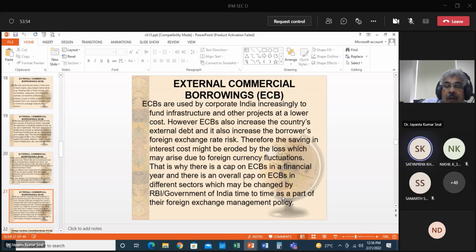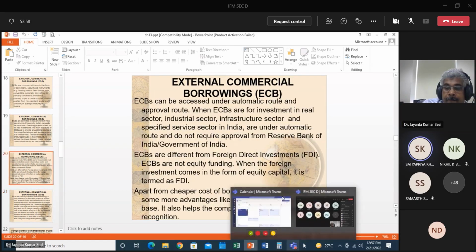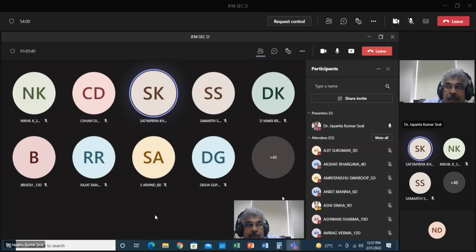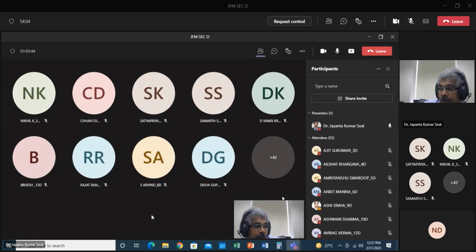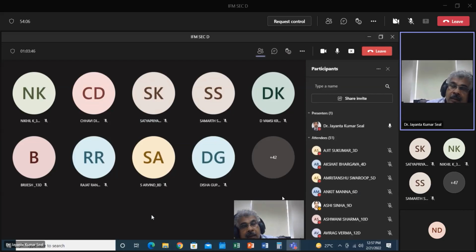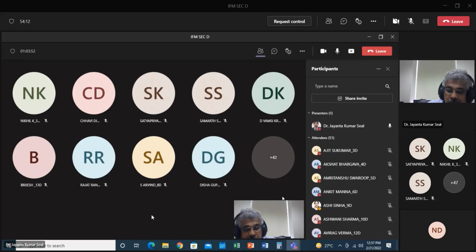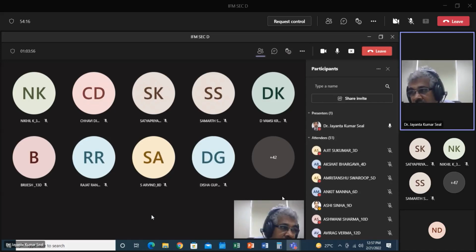Sir, I had a small question. In what circumstances will the government go for ECB, and in what circumstances will it go for FDI? It's not the government which is going for FDI or ECB. Suppose Reliance Industries Limited or Tata Steel wants to raise money in the overseas market.